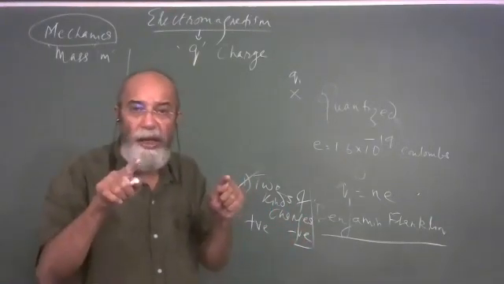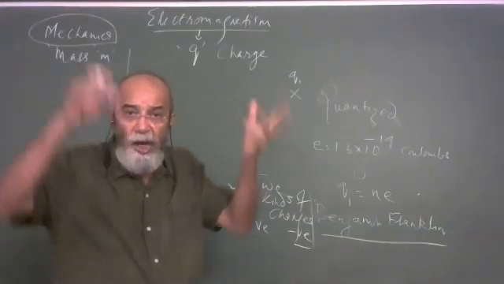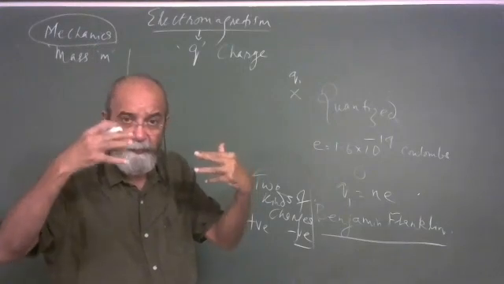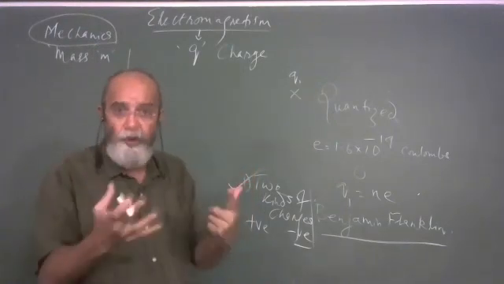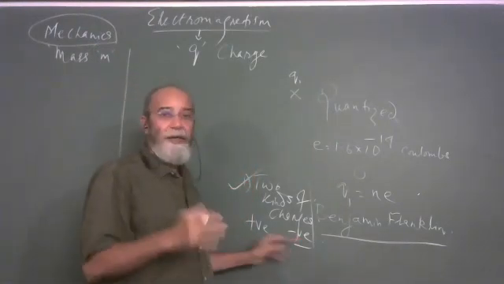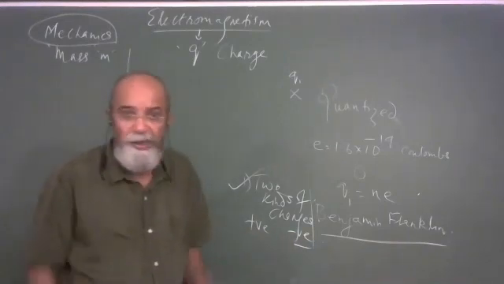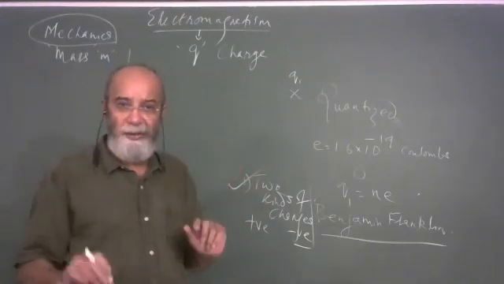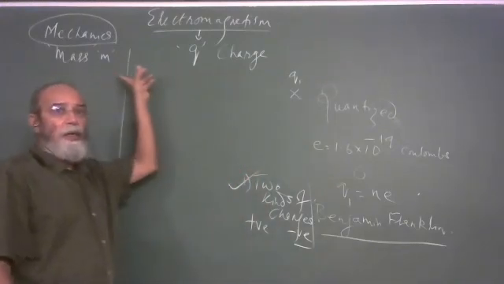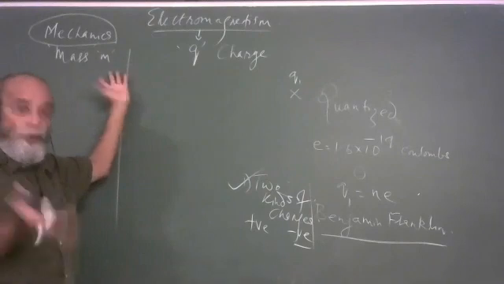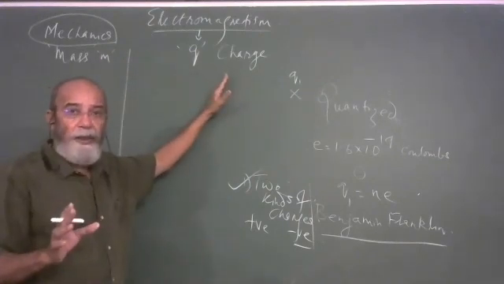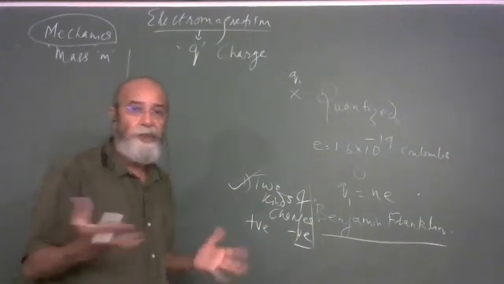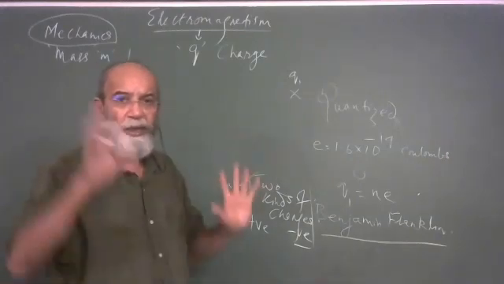But look at the way it has gone into our vocabulary, that we actually think there is something called negative charge and positive charge. These are just 2 names given by Benjamin Franklin, that there are 2 kinds of charges, sir. Unlike mass, which is only of one kind, charge, the intrinsic property, has 2 kinds. What do you call them? Benjamin Franklin says positive and negative.